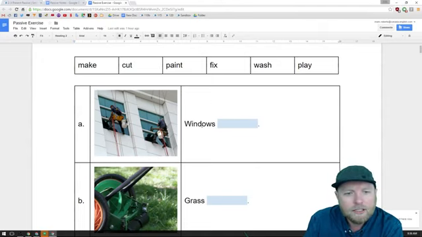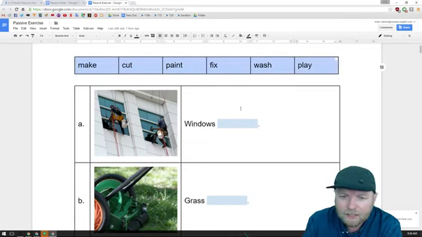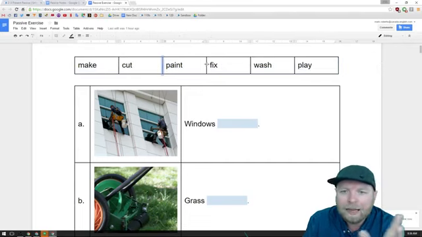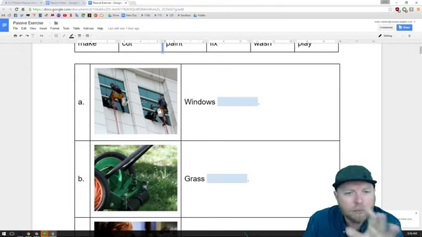Example: windows. What's happening? Well, let's choose one of these verbs. You don't have to use these verbs. They're just suggestions. Make, cut, paint, fix. You guys can use your own verbs, okay? What's happening right now?